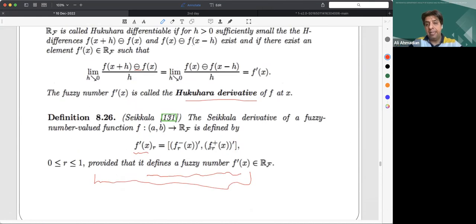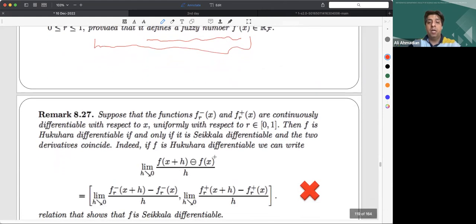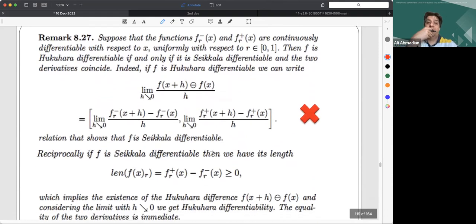You can see that if you take a fuzzy function and get the alpha cut, then the left and right give you a Seikkala derivative. But the problem is that the Seikkala or Hukuhara differentiability has a problem, in some cases only.